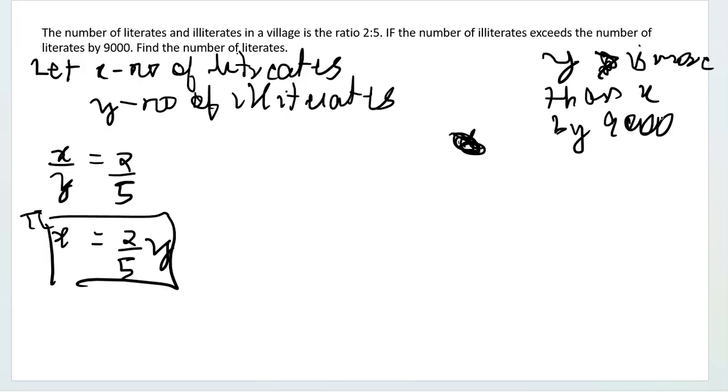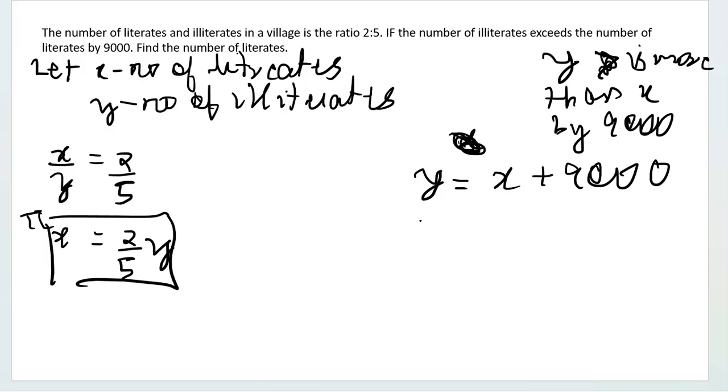It is said the number of illiterate, exceed means more. That is, the number of illiterates, which is denoted by y, is more than x, means the number of literates, by 9,000. So that means y is equal to x plus 9,000. Number of illiterates is more means plus, than the number of literates by 9,000.